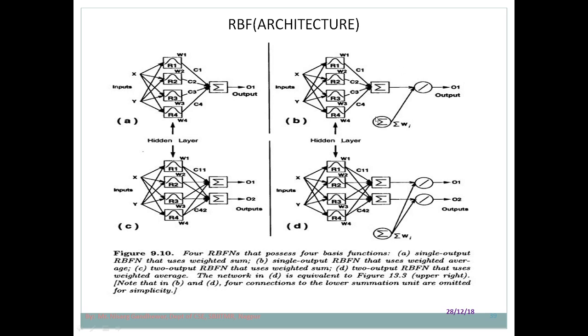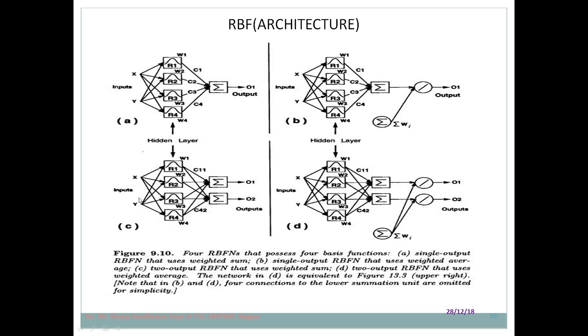This is another type of RBN, a single output RBN, but here instead of taking the weighted sum we are taking the weighted average. This is the difference between the first and second. In the first case we take the weighted sum, but in this case we take the weighted average of the output generated by the hidden layer. Then in the third diagram you can see a two output RBN with a weighted sum.